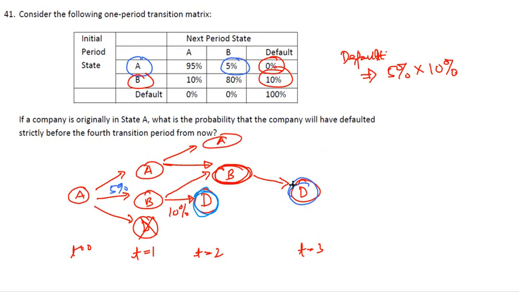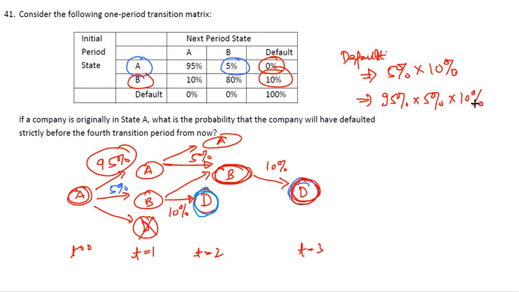And then for this particular default, the probability is from state A to A, which is 95%. Then from A to B we know it is 5%, and from B to D we already know it is 10%. So it would be 95% into 5% into 10%. That is the default you are getting. But please note that this is the default you get when starting from here.